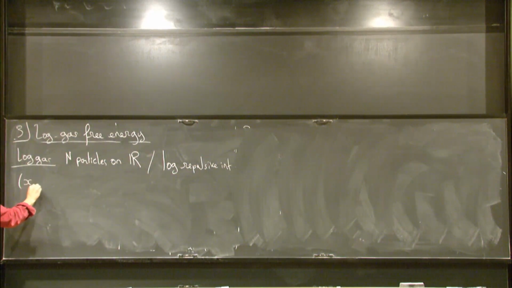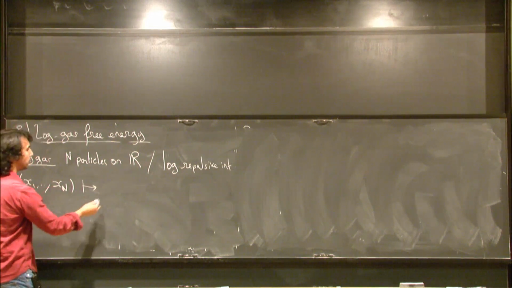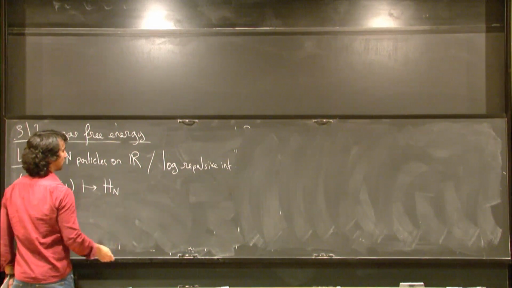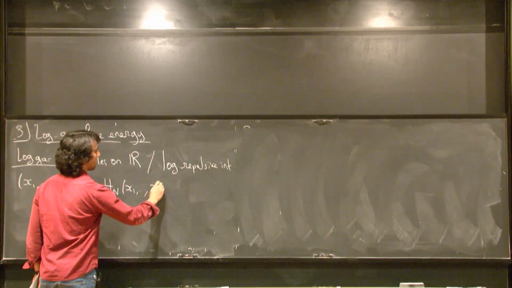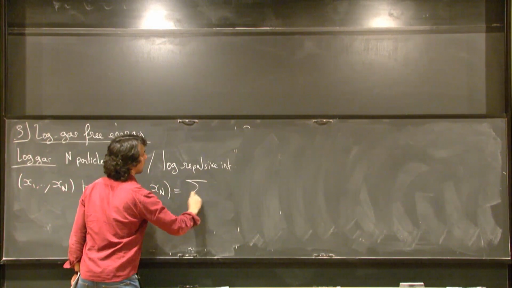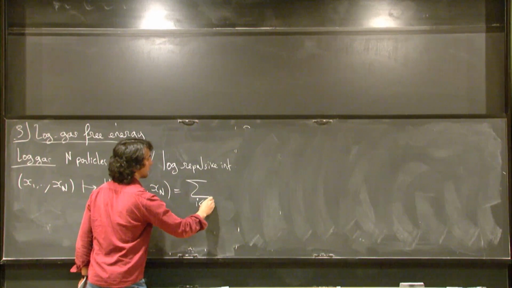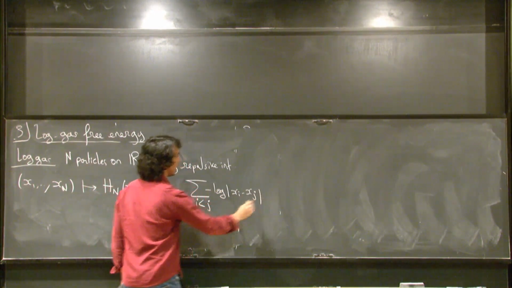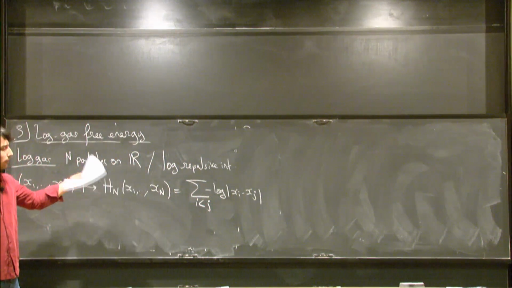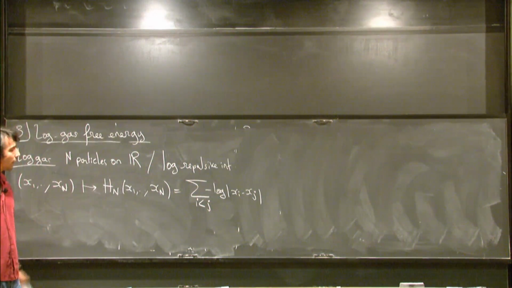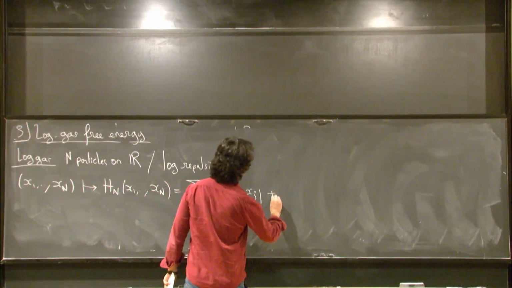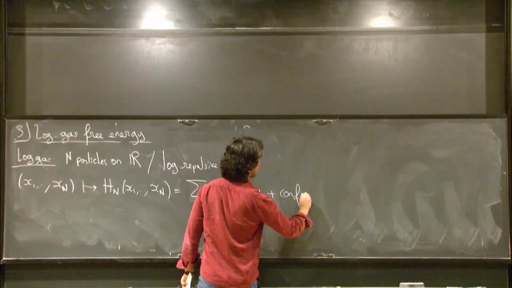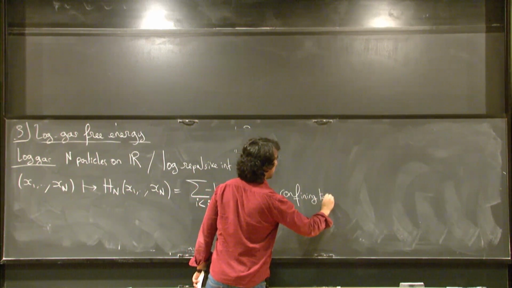I mean that if you look at the positions of those particles, they have a certain energy, which is given by a repulsive interaction that's proportional to the logarithm of the distance, plus a confining term that I don't want to discuss. It's not really interesting for me here.